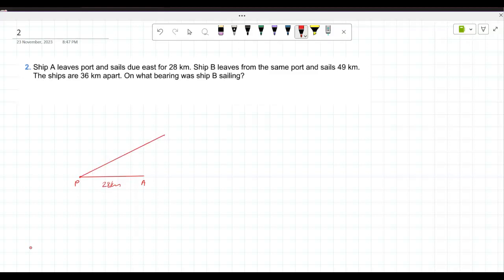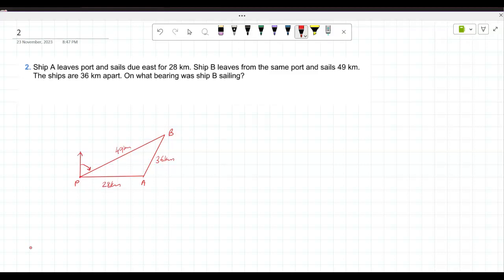The two ships are 36 kilometers apart, so this distance is 36 kilometers. What is the bearing? So you draw the north. What is the bearing that this ship is sailing?